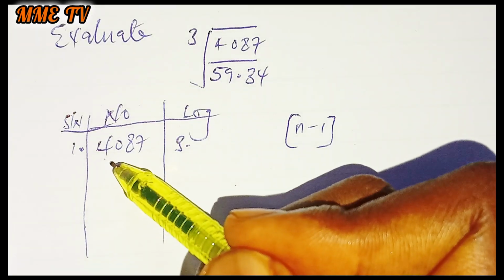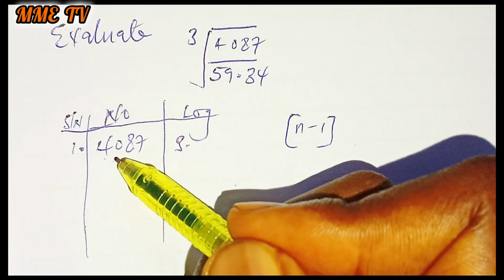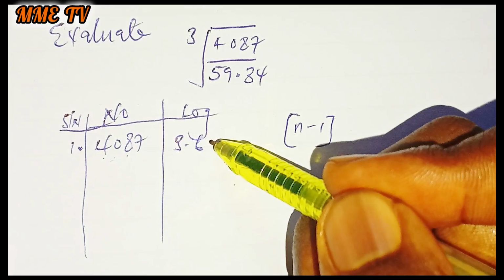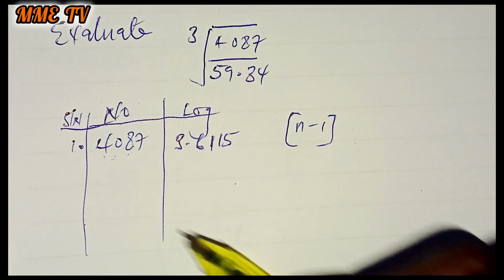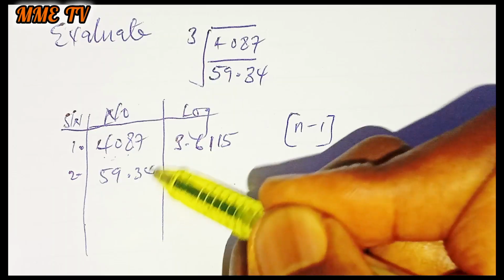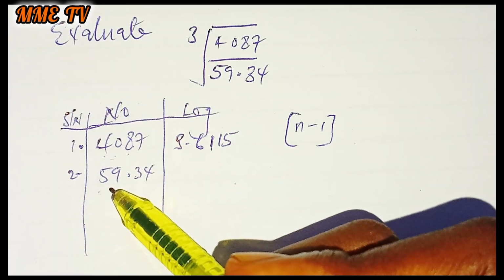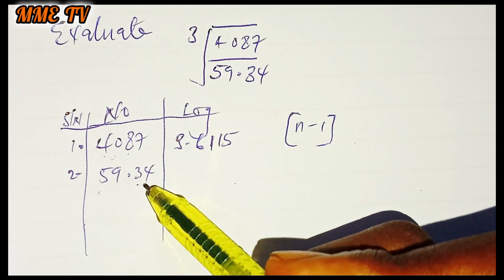Then I will use a logarithm table to look for the value of 40 under 8 and difference of 7, which is going to give us 6115. Then the serial number 2 is going to be 59.34. Remember that this 59 is actually a whole number, while these ones are the decimal numbers at the back.